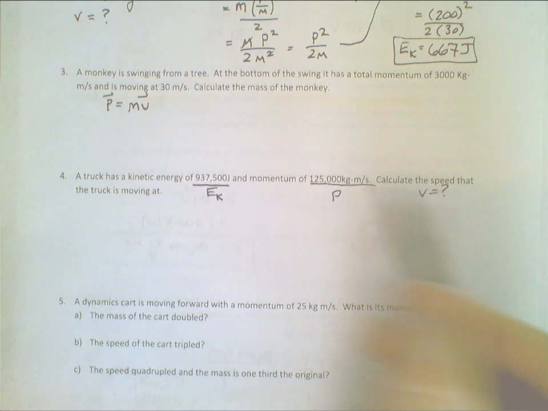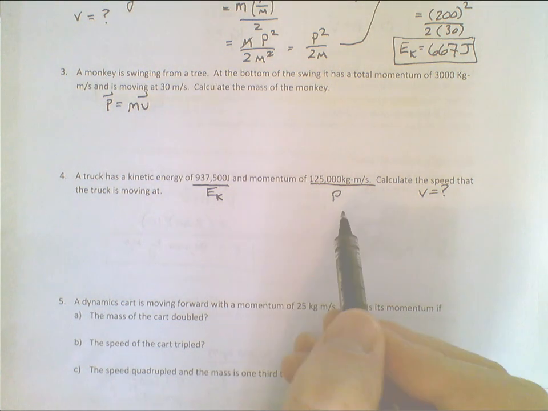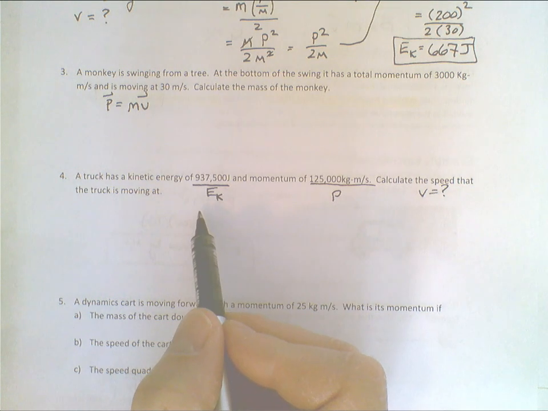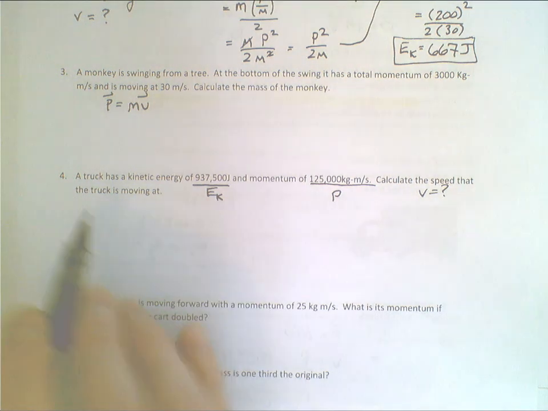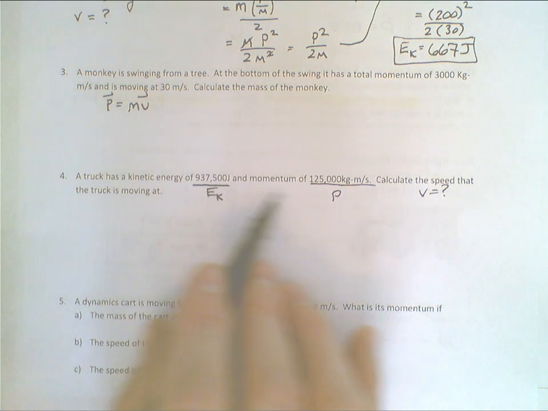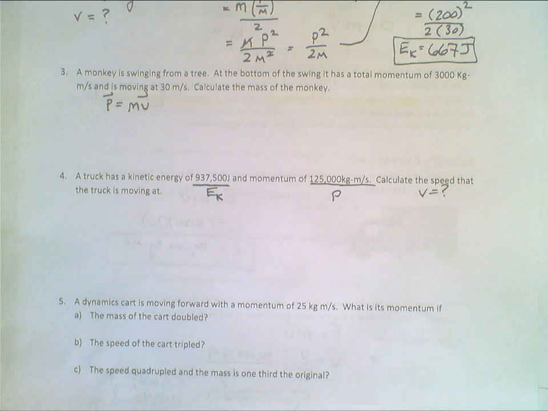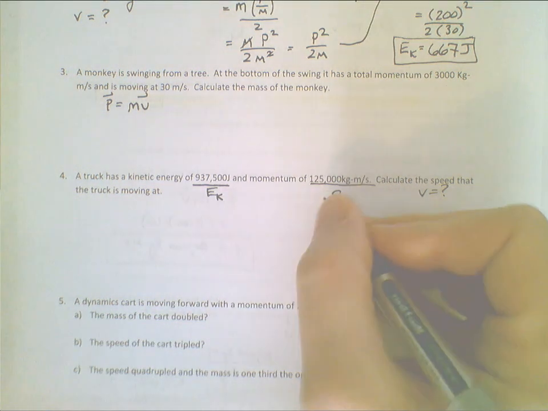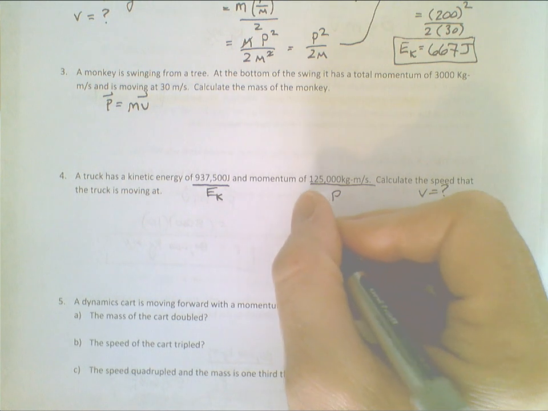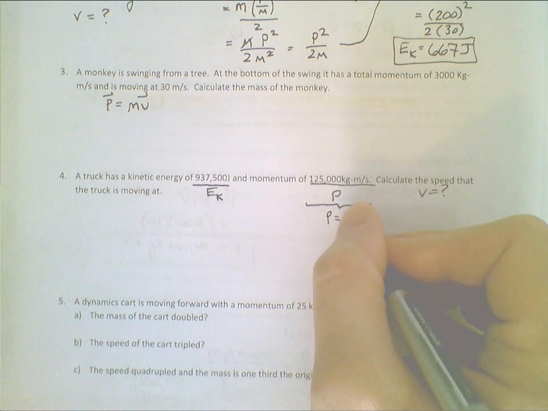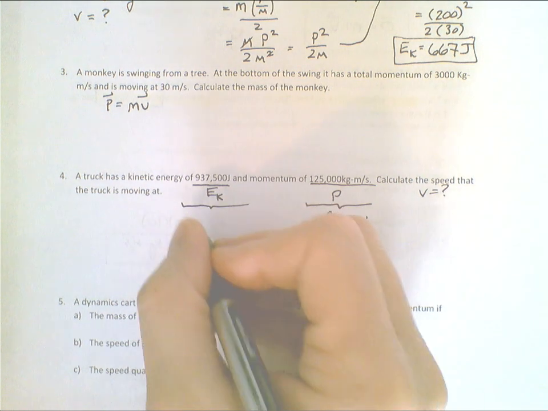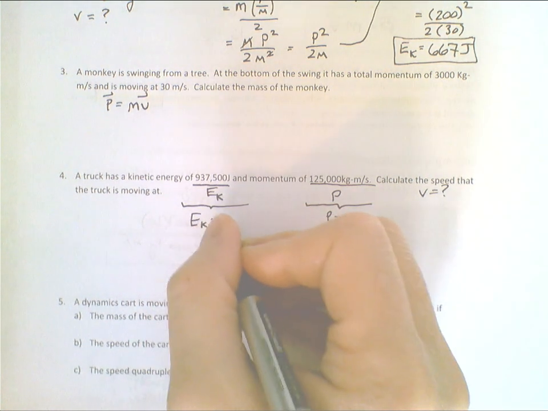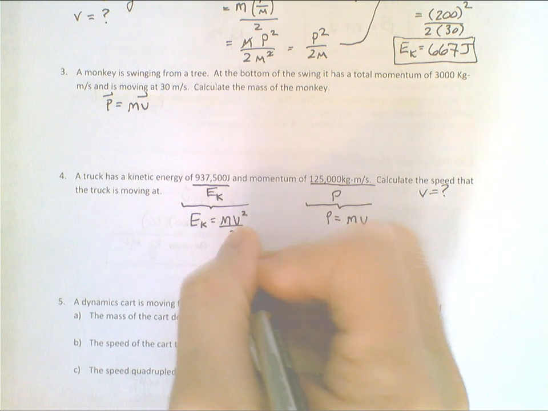We know this is mv, we know this is mv squared over 2, and then you can work backwards. Actually, you probably can't do this question if you're looking at it, because you're going to have P equals M times V. And here you're going to have EK equals MV squared over 2.